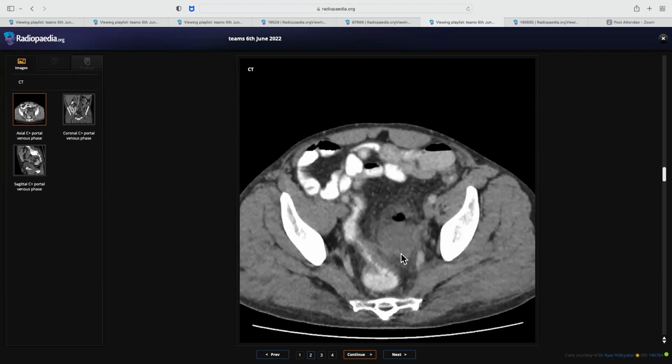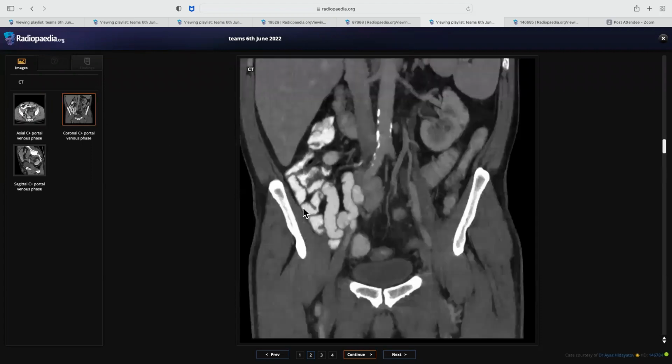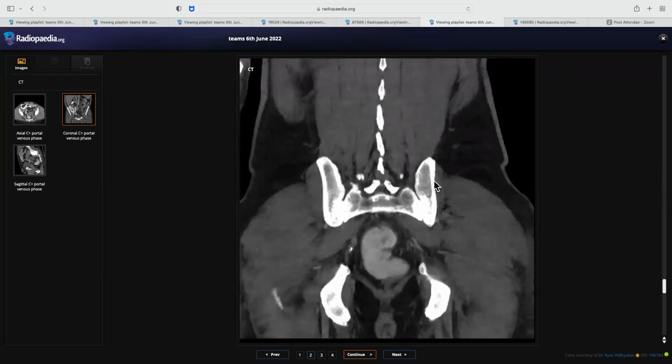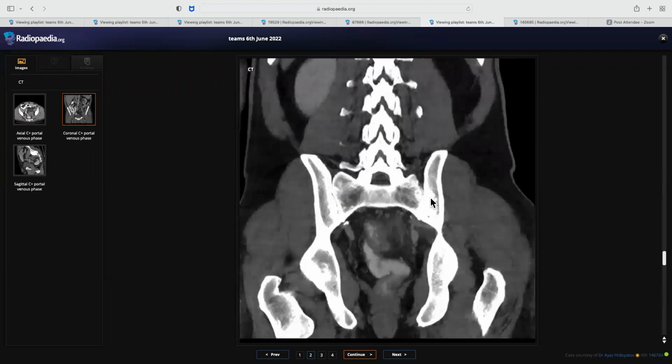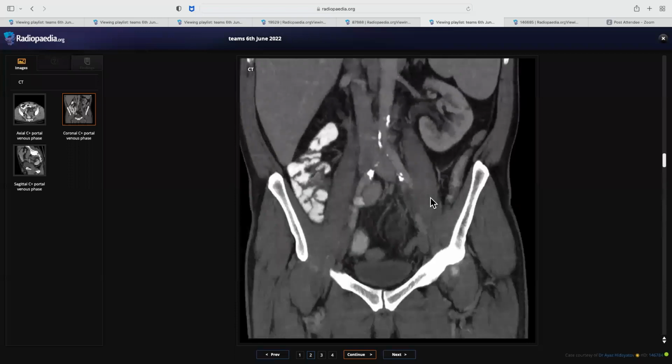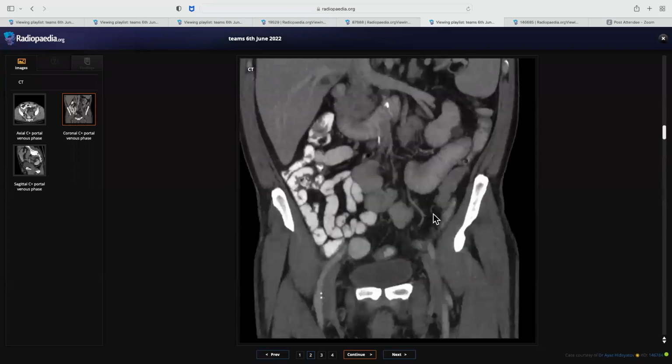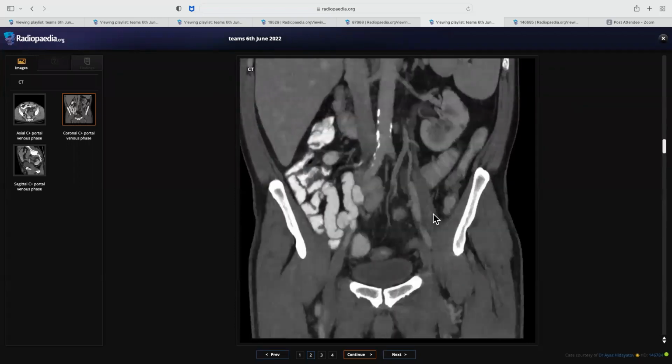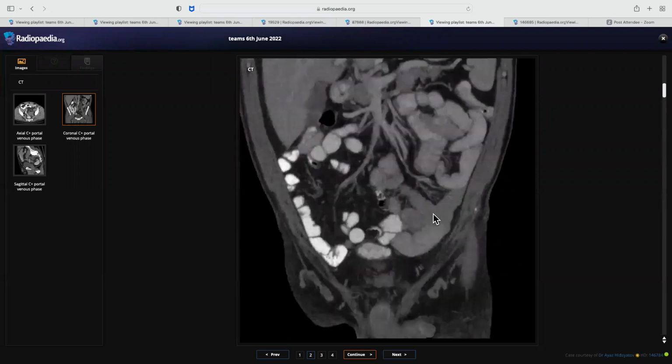If I tell you that it's not inflammatory bowel disease, can you search for the cause of the problem in this case? There are other images. You can see the coronal also. Why has this happened? Can you look for it? Yes, I'll try to. The SI joints are fine, and the kidney shows a few renal cysts.